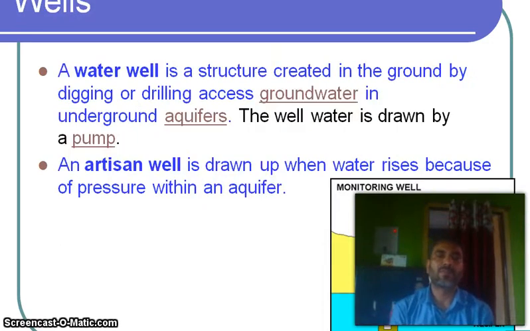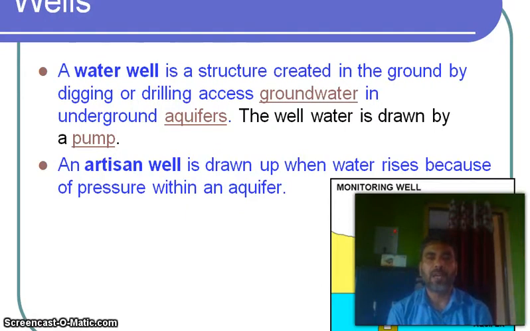So friends, now I will talk about wells. A water well is a structure created in the ground by digging or drilling to access groundwater in underground aquifers. The well water is drawn by a pump.